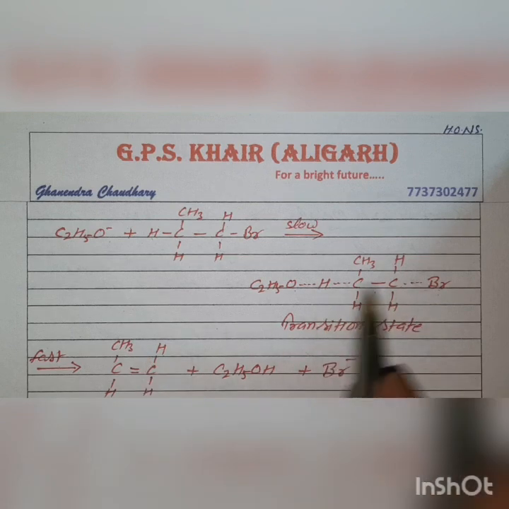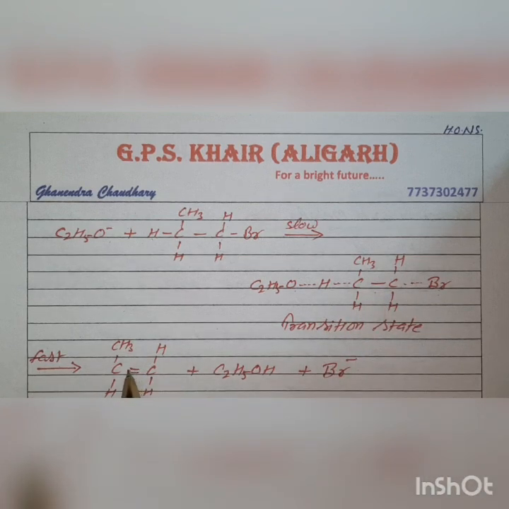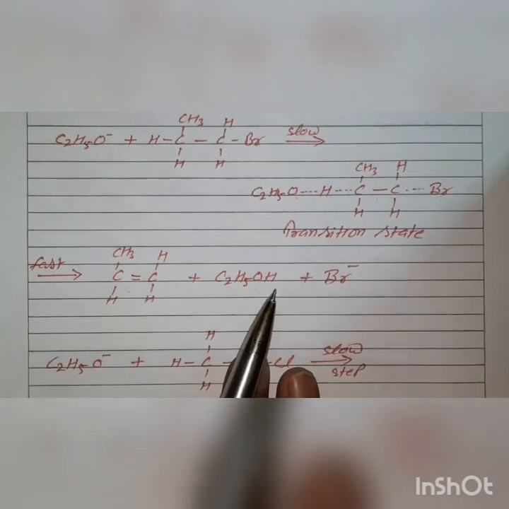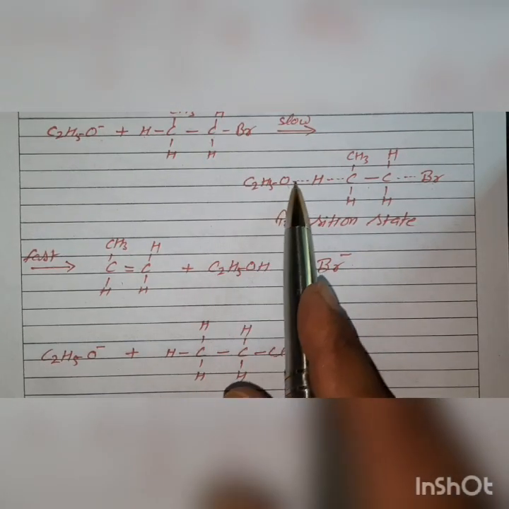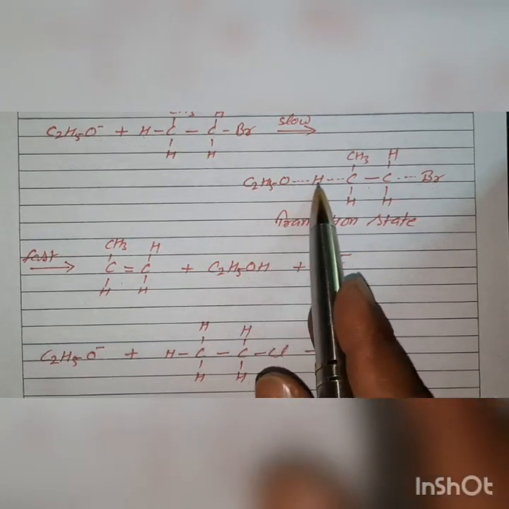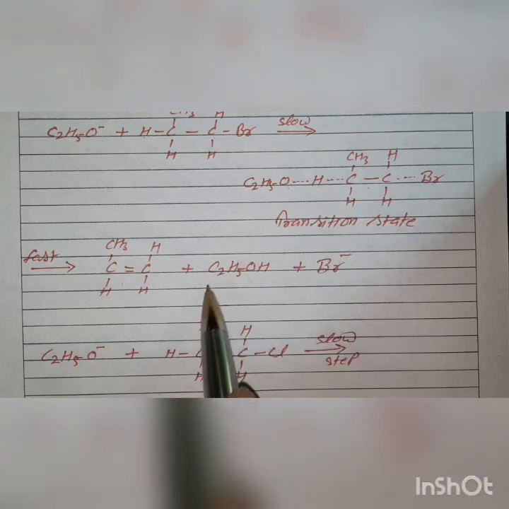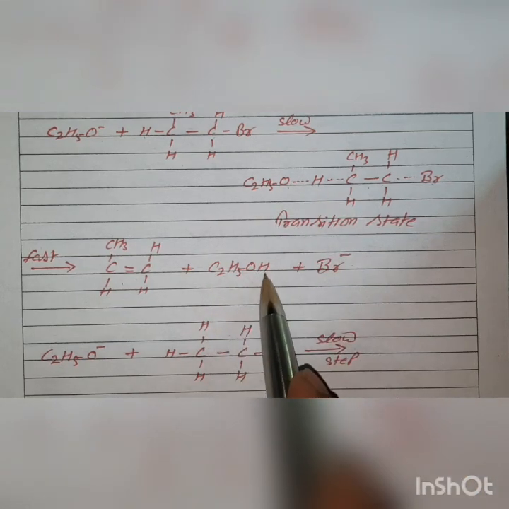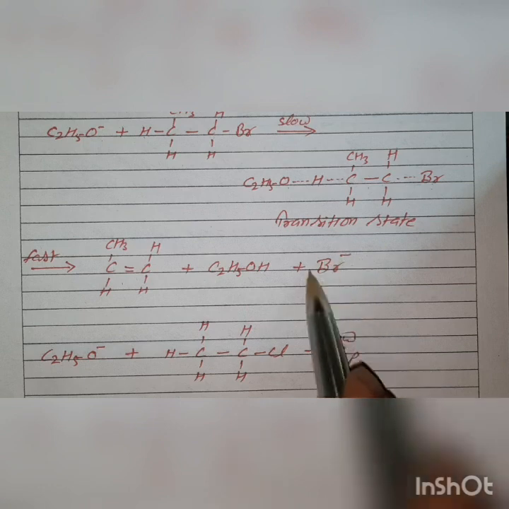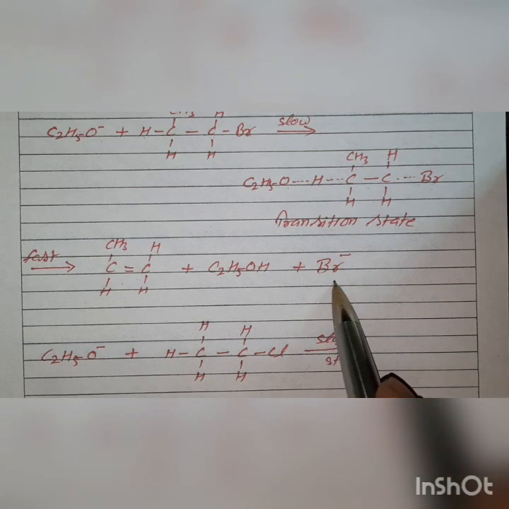That step is fast. So both carbon atoms link with each other by the double bond, and it forms alcohol with the help of hydrogen, C2H5OH, and bromine converts into bromide ion.